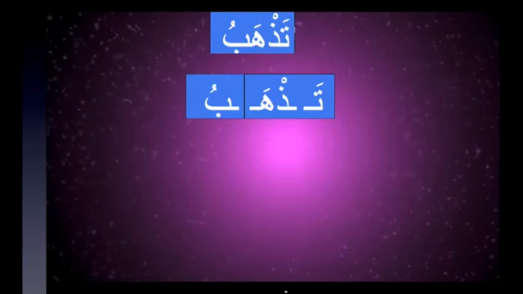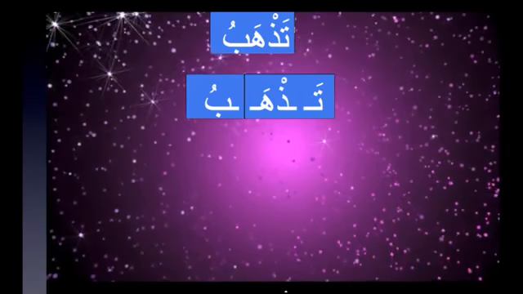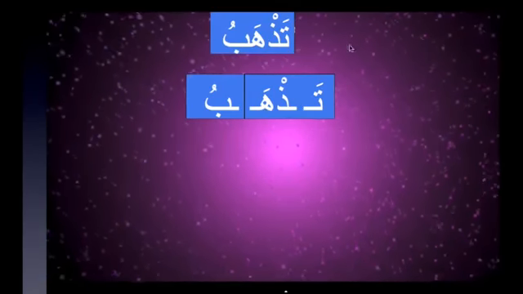If you take this fi'l tadhhabu, what do we see? We're going to divide it into 3 sections: alamat mudari', then fa kalima and ayn kalima, and the lam kalima. So this is a 3-letter fi'l in the mudari' form. Because we're going to make a fi'l amr, we don't need the sign of mudari'.